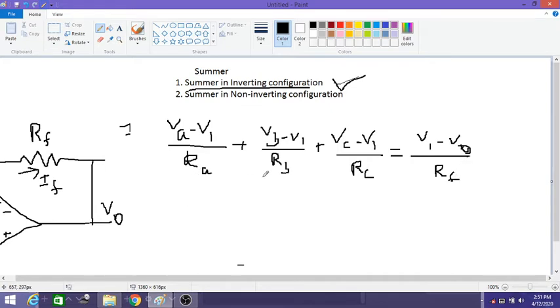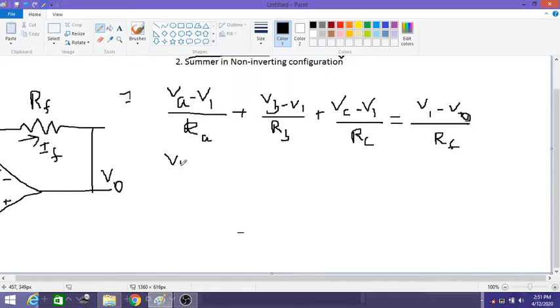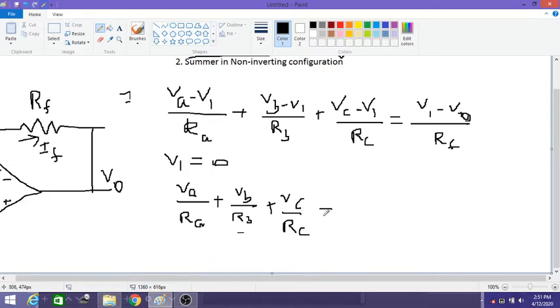Now with the virtual ground concept, we know that V1 is equal to 0, therefore we have only the terms VA by RA plus VB by RB plus VC by RC equals, here also V1 is equal to 0, therefore minus V0 by RF.